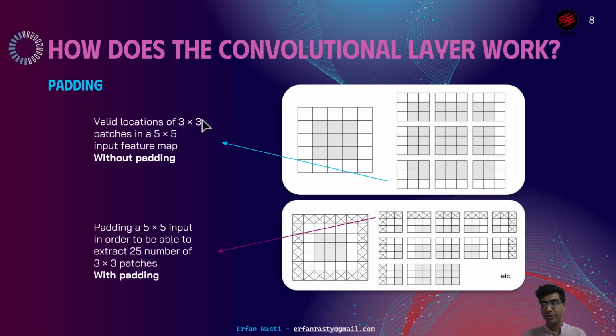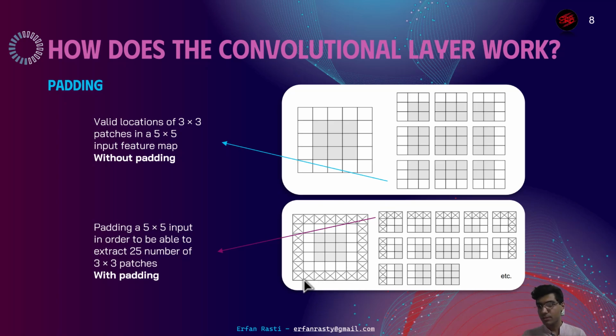As we saw in previous slides, the dimensions of the input image decrease during the convolution operation across x and y axes. For example, in this figure, the dimensions of the input image is 5 by 5, but the output dimension decreases to 3 by 3. To prevent this issue, we can add some pixels around the input image.